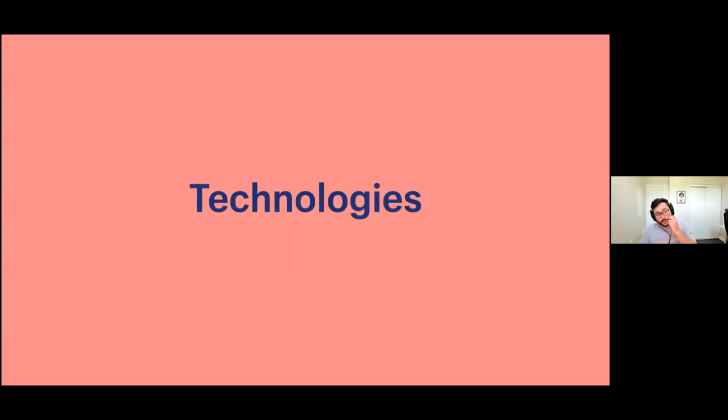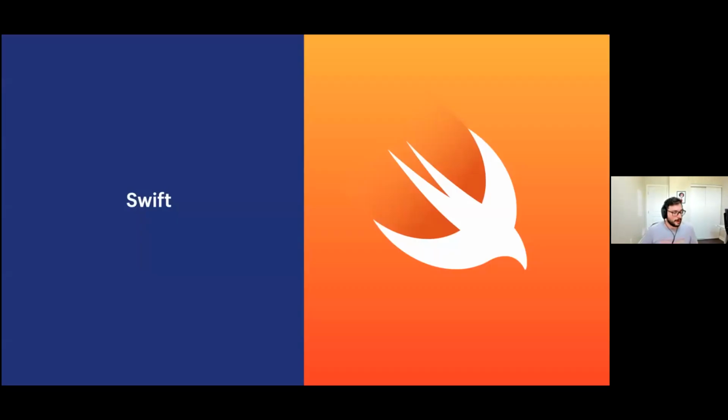Okay, so like I mentioned, I'll go over some of the technologies. So yeah, Swift, probably why you guys are here today to hear about. Swift is a powerful, concise, yet expressive programming language designed by Chris Lattner's team at Apple. It was first released in 2014.